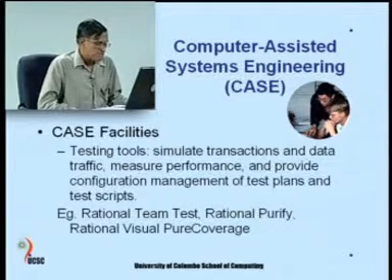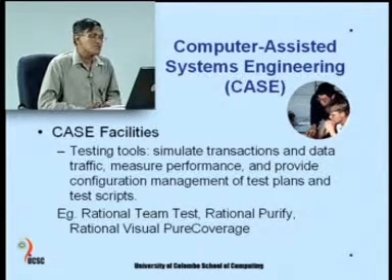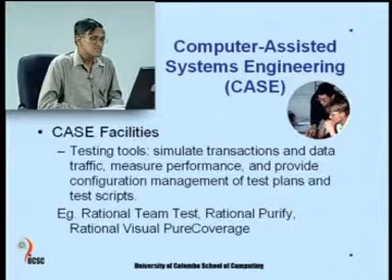Right. Then you have testing tools, which will help you to test the system. Some of the latest CASE tools you need to buy separately. With Rational Rose you have Rational TeamTest, Rational Purify, Rational PureCoverage.